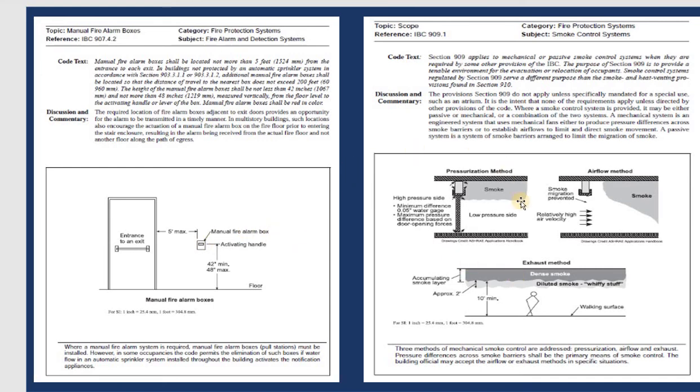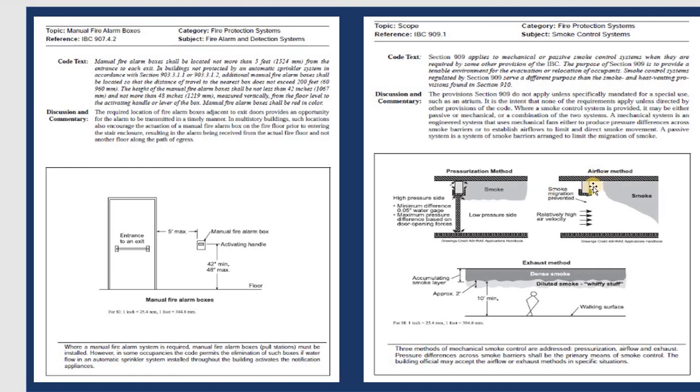Here they show you a few of the methods you can use to protect against fire if you have smoke. One they call pressurization, the method they use to apply pressure to keep the smoke from spreading out.